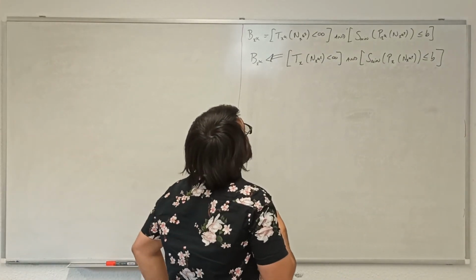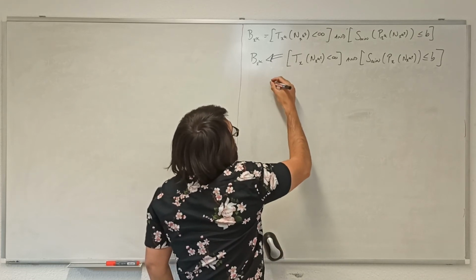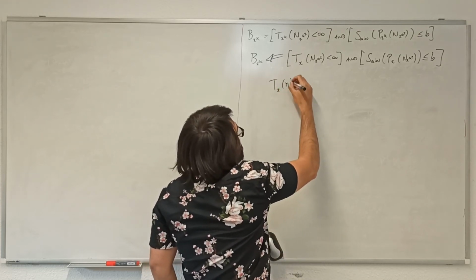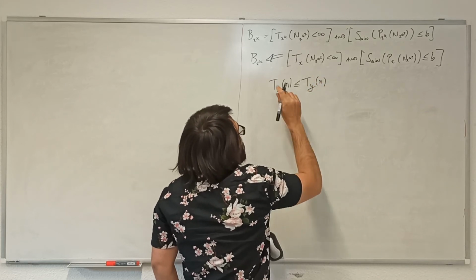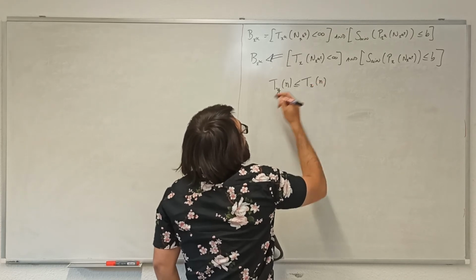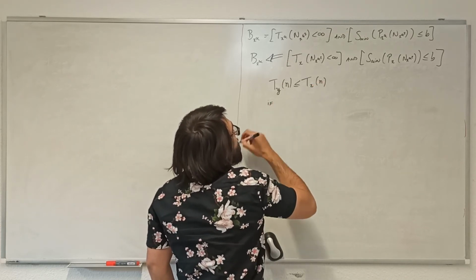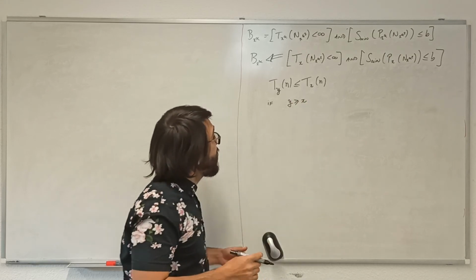Well, the reason is that we have this inequality here, which I should actually put like this, if y is greater or equal than x. And why is that true?